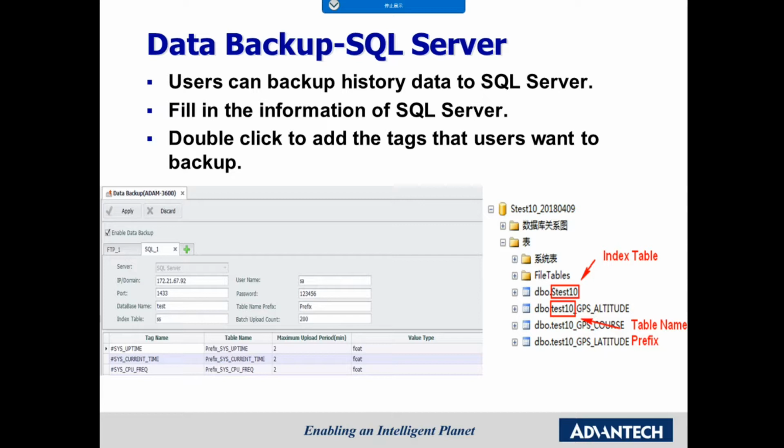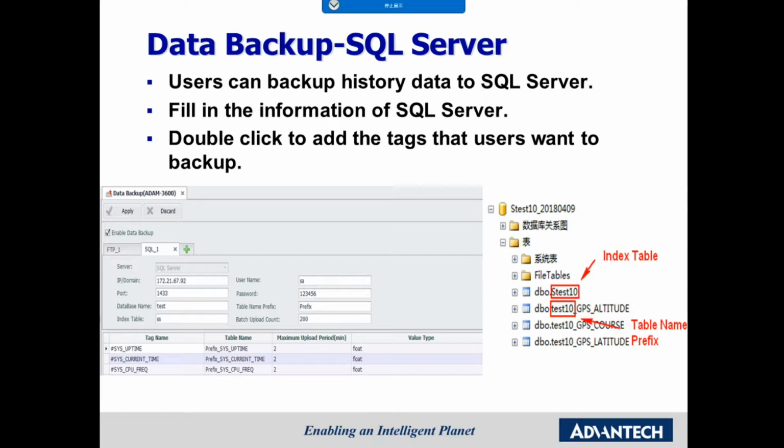Username, the username of the database. Password, the password of the database corresponding to the username. Table name prefix, the prefix of the tag for custom storage. Batch upload, the batch upload count.